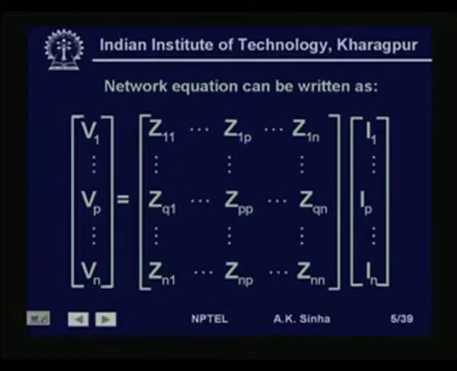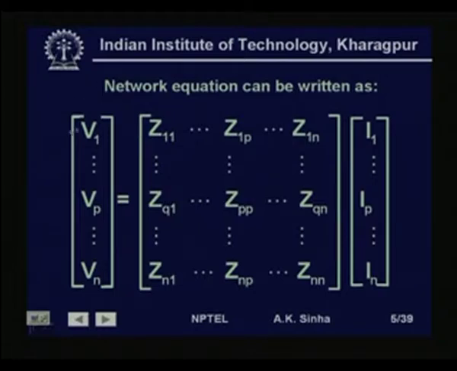Now, if you recall the network equation, we can write V bus is equal to Z bus into I bus. We have written this equation in expanded form for an n bus power system. So, we have voltages at various buses as V1, V2 up to Vn, and we have the current injections as I1, I2 up to In.